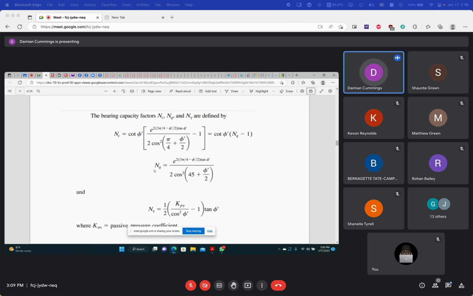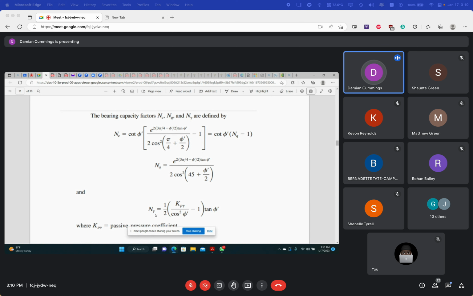And Nq can be calculated as Nq is equal to e to the power of 2 times (3 pi over 4 minus phi over 2) times tan phi, divided by 2 cos squared (45 plus phi over 2).